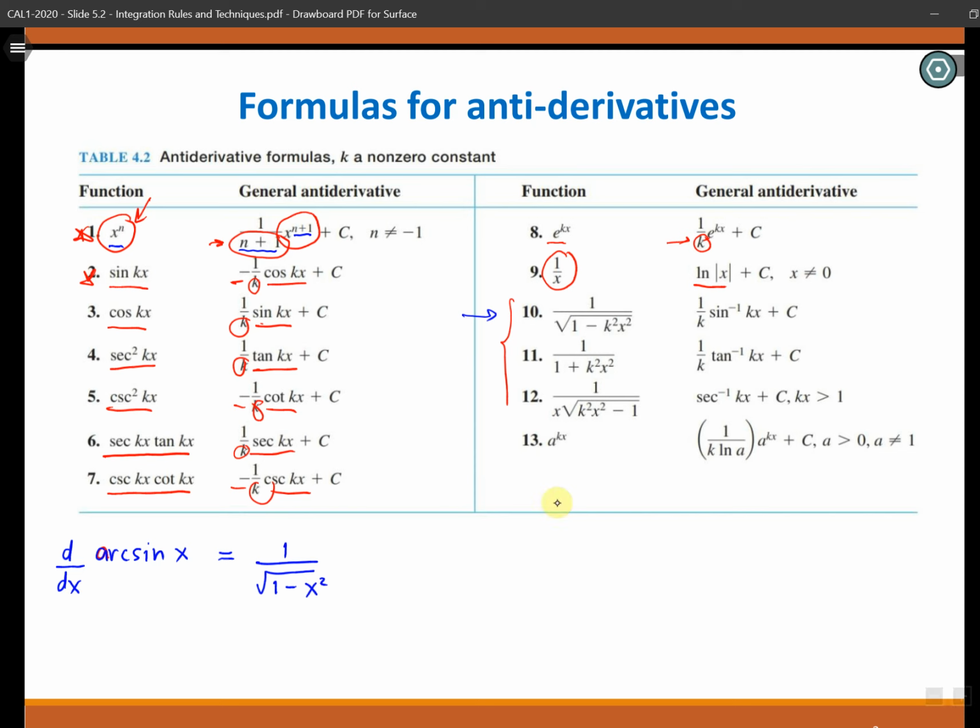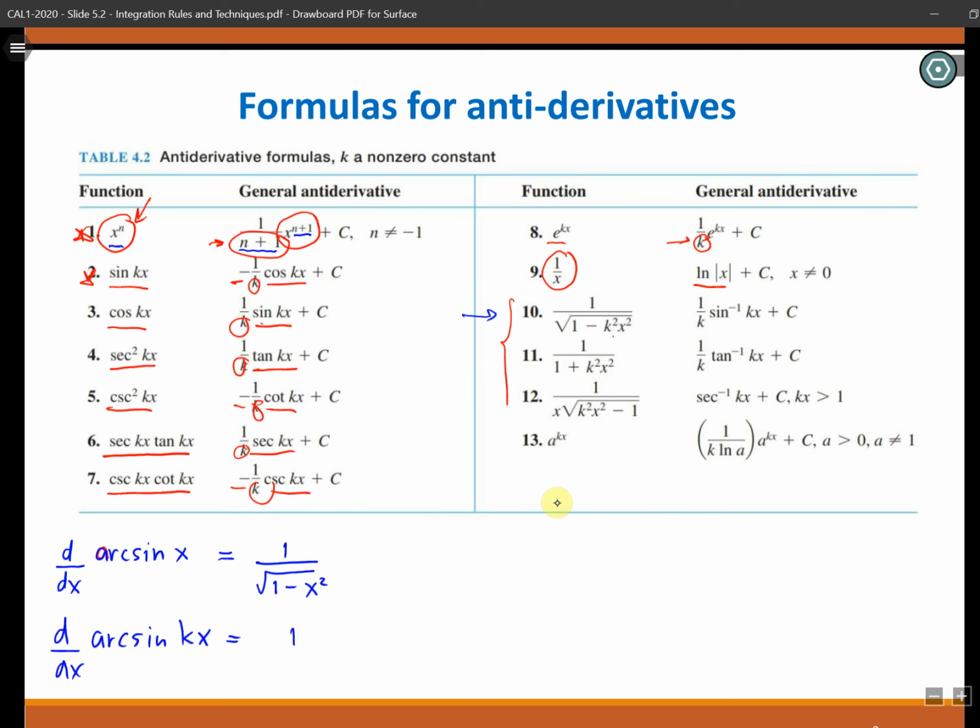But then you see this coefficient k over here and over there, and some of you might find this confusing. So let's try to work on this arcsin down here to make it equal to what we see in the formula up there.